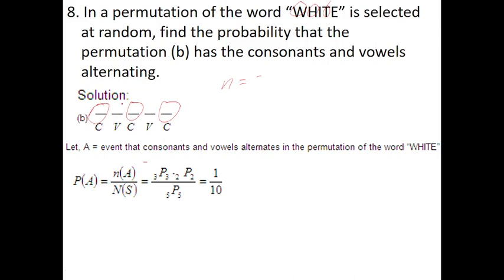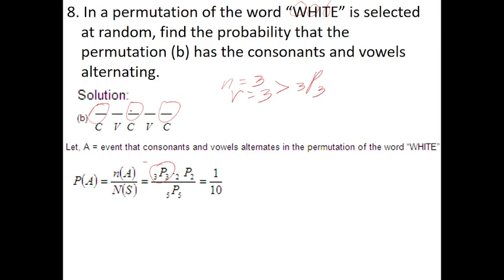Okay? And then, ilan yung slots? Tatlo din. 1, 2, 3. So, 3P3. Okay? And then, times. Kasi sabi niya, has the consonants and vowels alternating. So, multiplication yan.